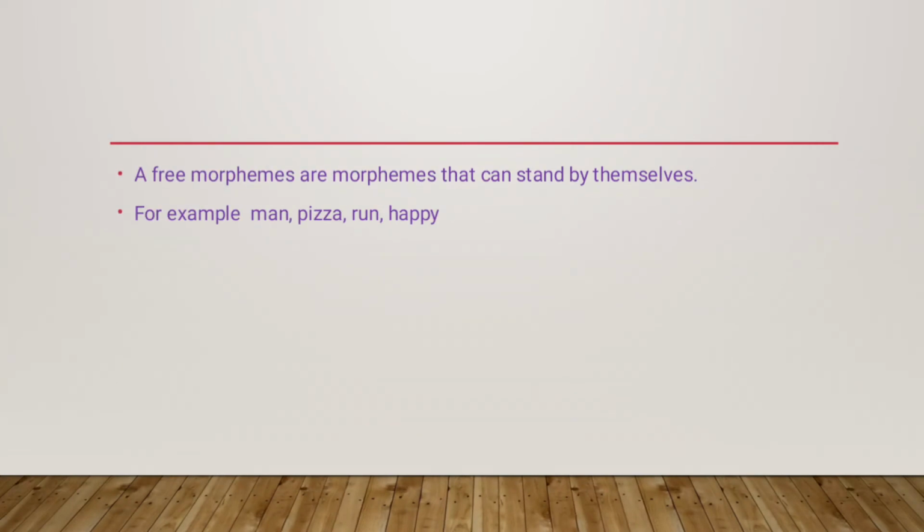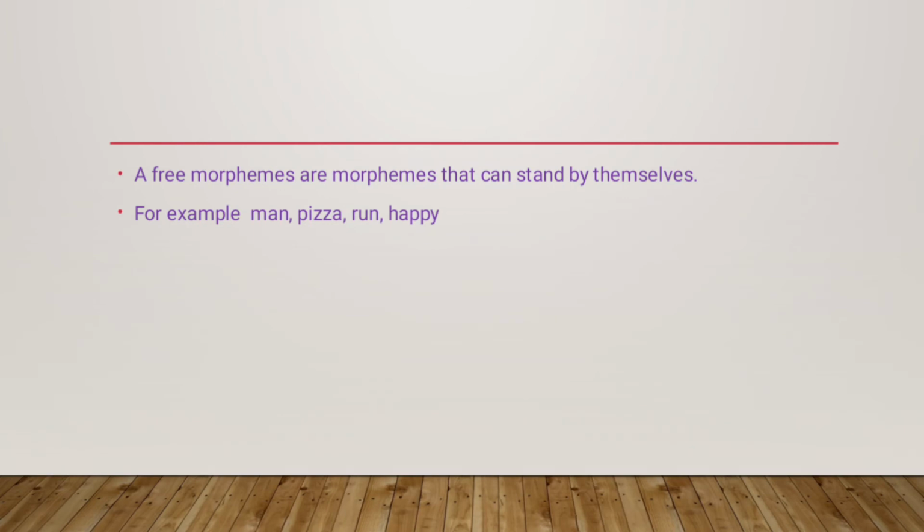We are moving on to explain free morphemes. We say free morphemes are morphemes that can stand by themselves. This means that free morphemes can make meaning on their own.